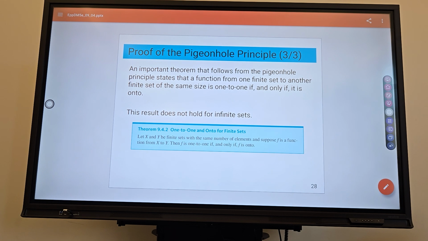And an important theorem that follows from the pigeonhole principle states that a function from one finite set to another finite set of the same size is one-to-one if and only if it is onto, which I believe is a term you'll learn in chapter 6 if you do the extra credit homework. Let x and y be finite sets with the same number of elements, and suppose f is a function from x to y, then f is one-to-one if and only if f is onto.